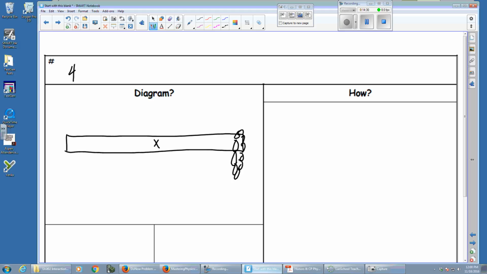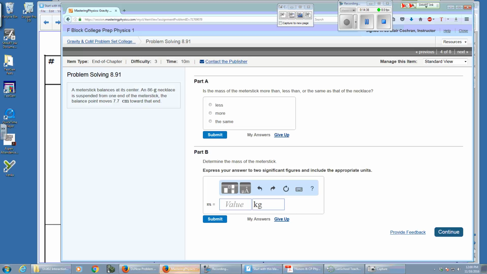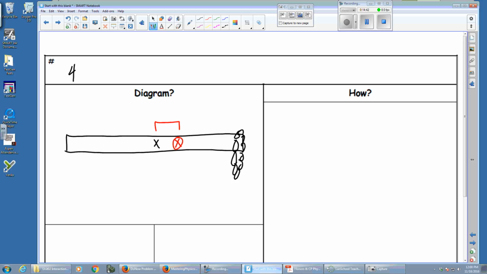And so they told us the center of mass moved over 7 centimeters. So I'm going to convert that to meters right away. That is 0.07 meters. I converted from centimeters to meters right away so I wouldn't forget.